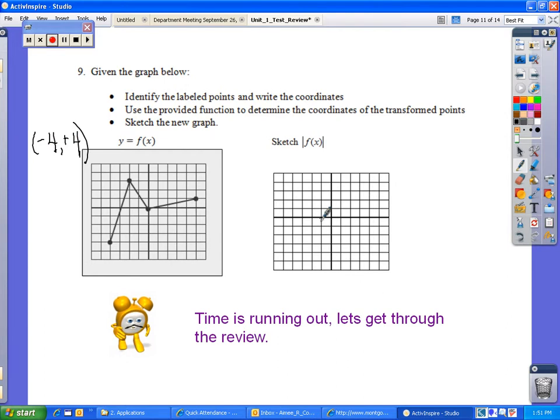So now you have negative 4, 4, and then you have your other points still. Notice that you now create a point here on the axis, which is about here, and you still have negative 2, 3, 0, 0, and 5, 1. So it's going to jump down here, bounce back up, go to 0, 0, and then, oops, try that again, bounce down, and then back up here.